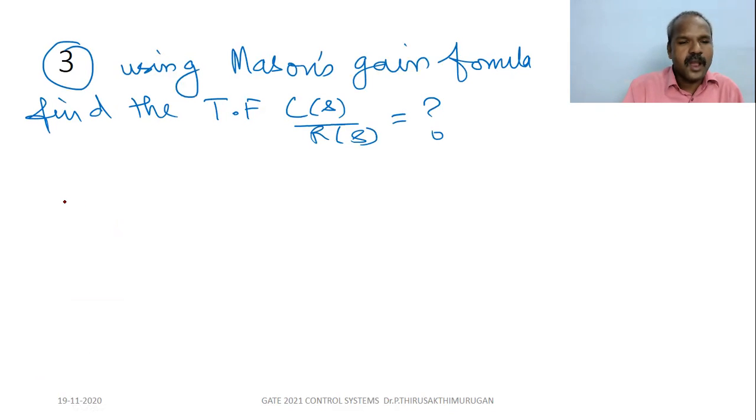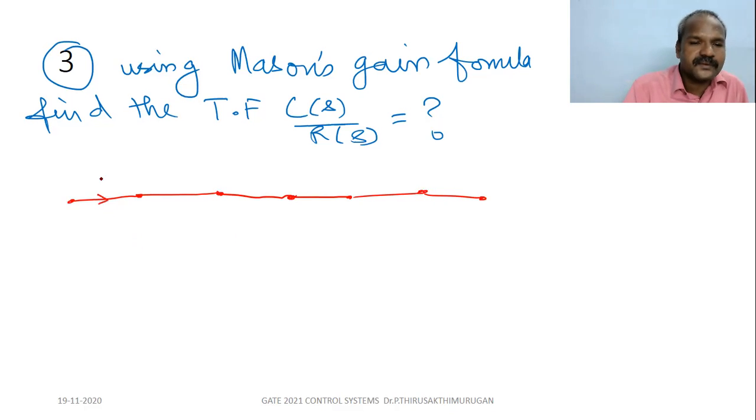Say nodes 1, 2, 3, 4, 5, 6, 7. So there are G1, G2, G3. G1, G2, and G3 between, across G2.